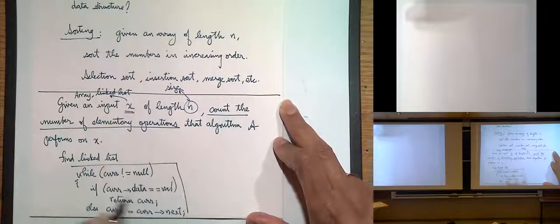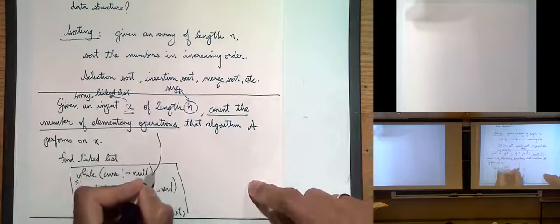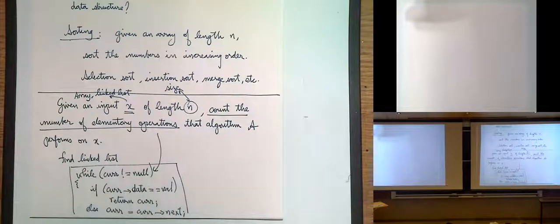Something like this, right? There's some initialization and then there's this code. Does that make sense? So each line of code is an elementary operation. Checking these pointers, that's an elementary operation. Then checking these, that's an elementary operation. Return is an elementary operation. So you can think of an elementary operation as lines of code executed, right?